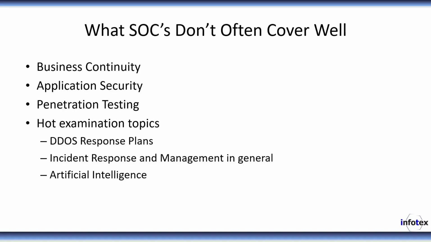And then of course they don't include hot topics or areas of interest that examiners might be looking for. Such things as incident response plans, or address incident response in general, or include newer topics, which I know is something we should all be discussing with our vendors these days, which is artificial intelligence.